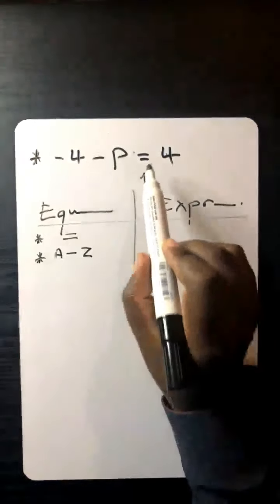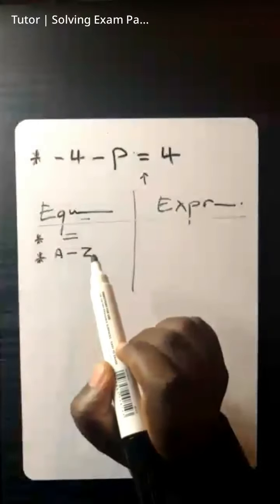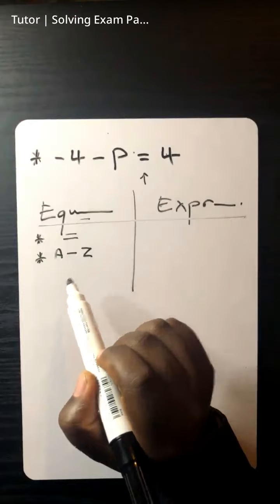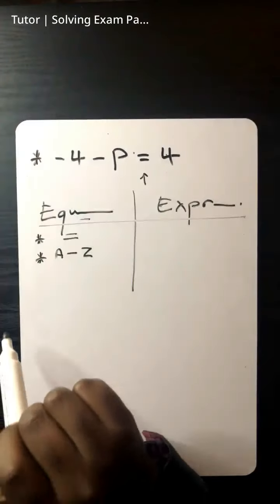So now that we notice we've got an equal sign, it means it's an equation. When we've got an equation, it means we must solve. What are we solving? We solve for the unknown. What is the unknown?